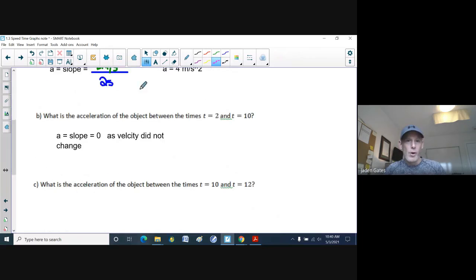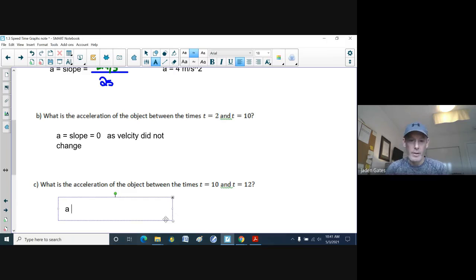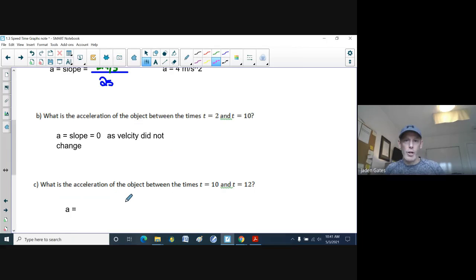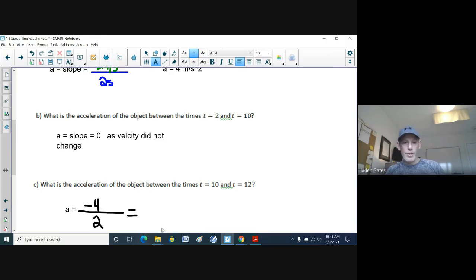So when I find my acceleration, all right, so again, I'm going to use rise over run here. It's my slope. As I said, it went down 4, but it went over 2 seconds. And so if I calculate those numbers, take -4 and divide it by 2, what I have is -2 meters per second squared.